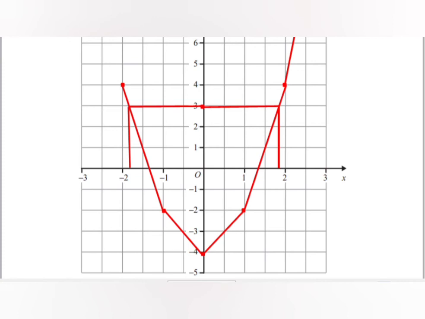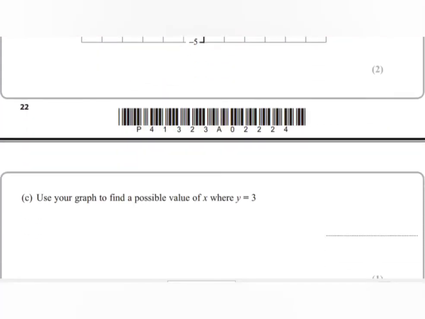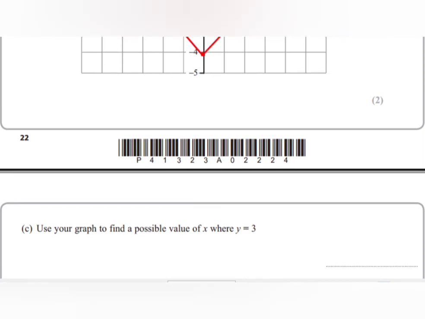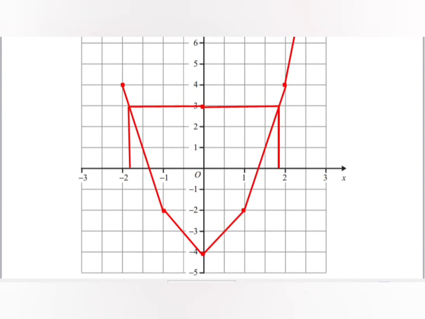Now here, let's look at the question. Use your graph to find the possible value of x where y equals 3. So possible values for x when y equals 3, we have two of them, this and this.